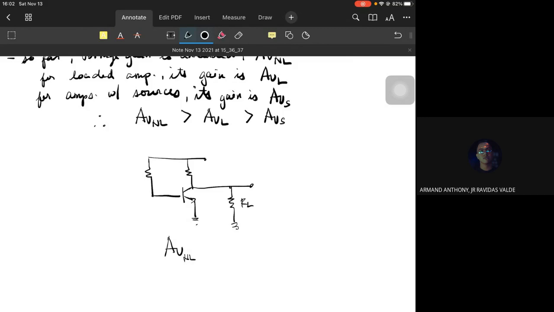So of course, mabago ang mga values for input impedance, output impedance, and gain, no? So, if connected na ang RL sa circuit, dili na siya unloaded. Loaded na. So, sugod na ta from scratch, no?